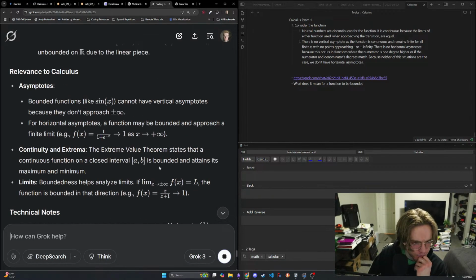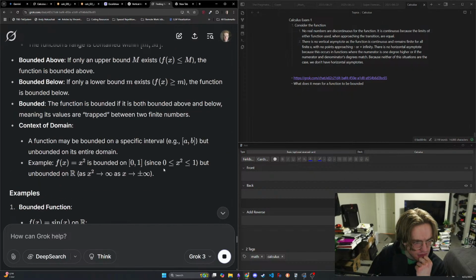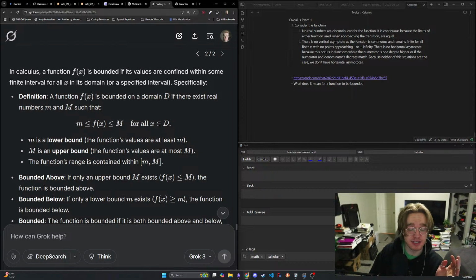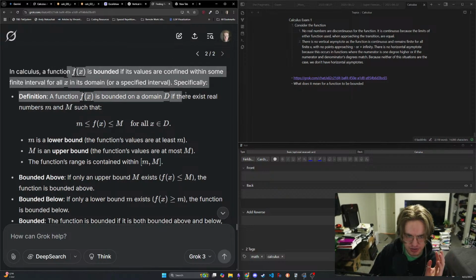Okay, yep. That is correct. Okay, so we're back up here. If there exist real numbers m and M, oh, okay. So it seems what they're saying is for any given x, this makes sense now. So this is literally just what we've described earlier.